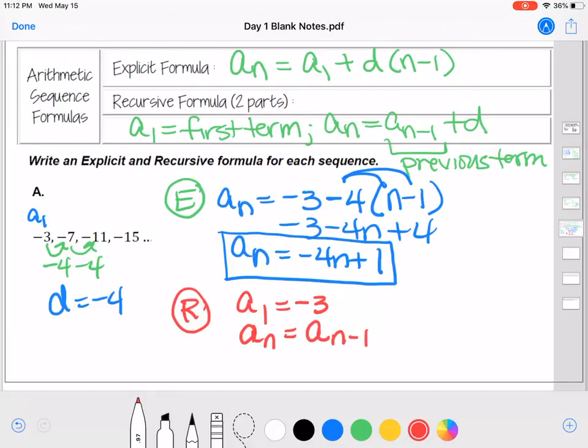And what do you want them to do to the previous term? You want them to subtract 4. So this just means previous term and then subtract 4. So this whole thing here makes the recursive. You need to have two parts.